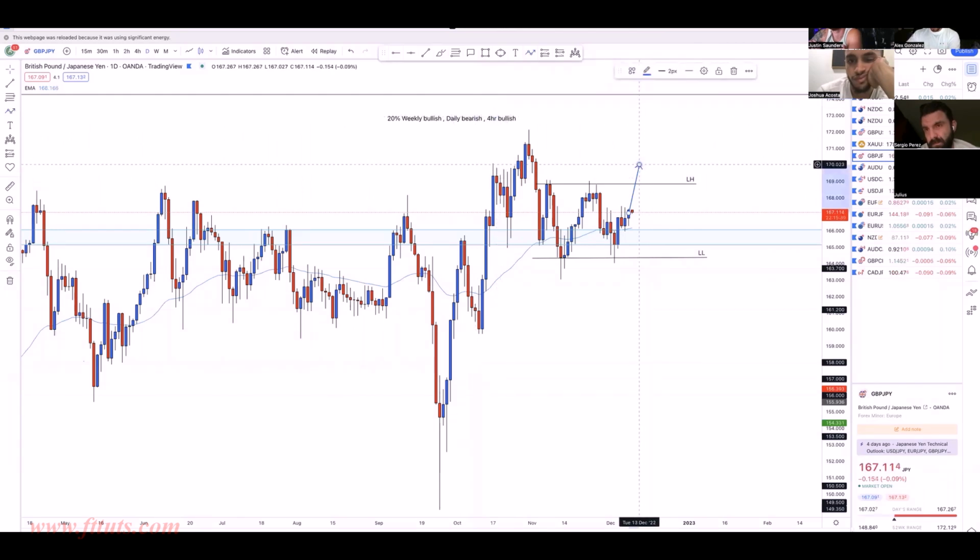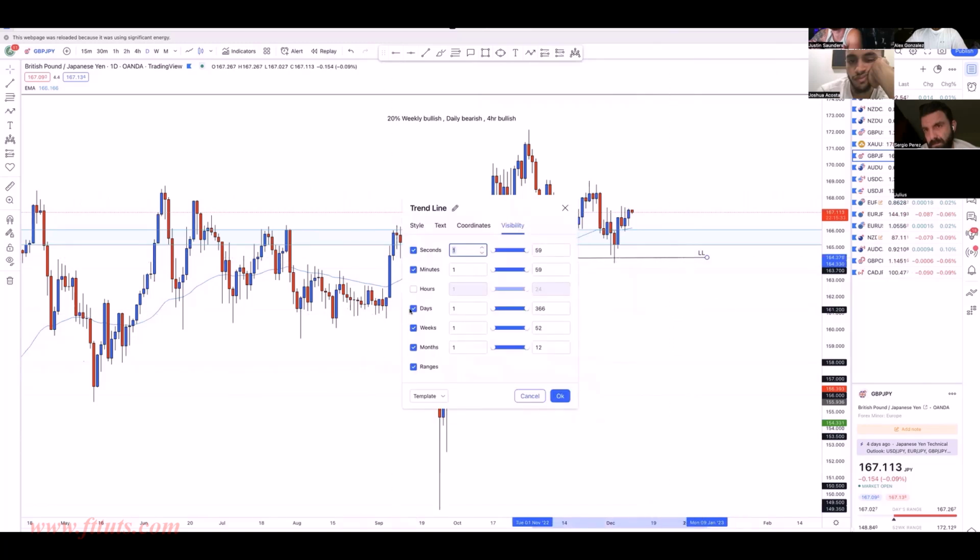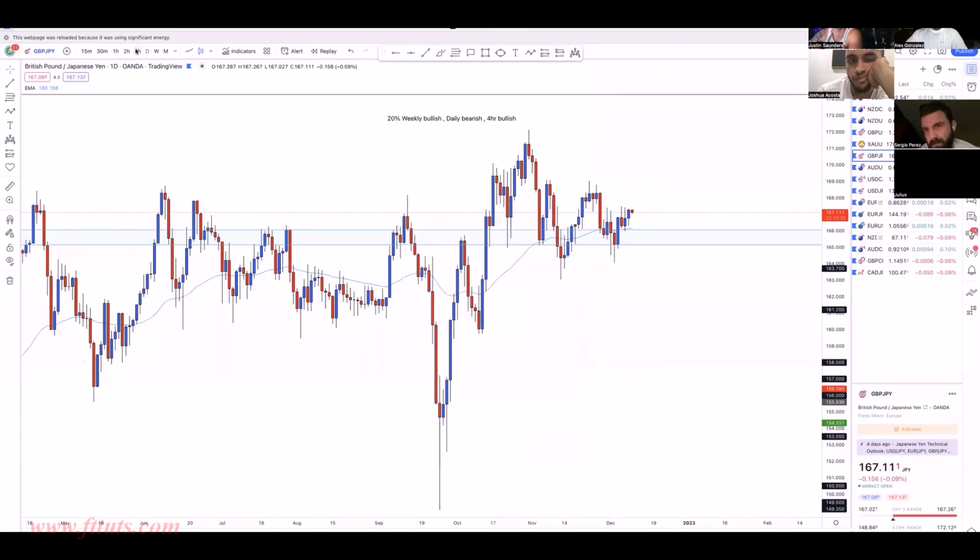So what we'll do is put this back to visible on daily only. We won't make it visible on the hourly, just so we don't get confused. Now we go down to the 4-hour because we have to look for an area of interest on the 4-hour to take the buy.